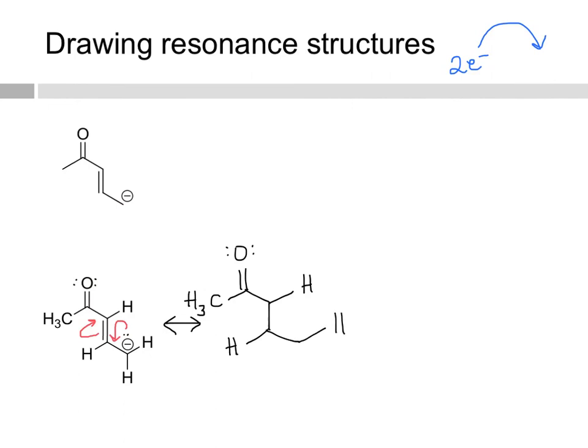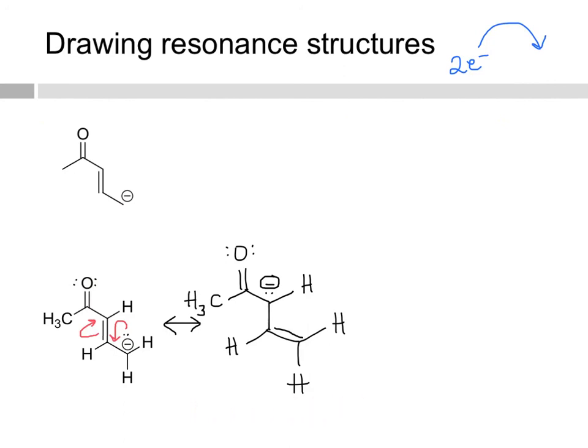So I'm first drawing the skeleton and putting in all the hydrogens because I know that hasn't changed. Here is where I've made a new pi bond, so I'm going to put that in. And here is where I've got this electron pair, and I'm going to put that in, and that's going to be a negative charge here. This is our first resonance form.